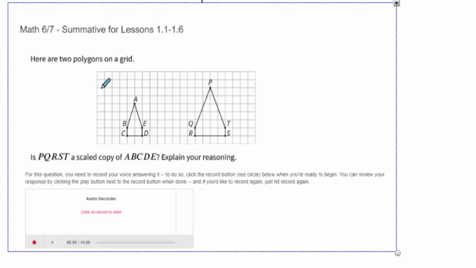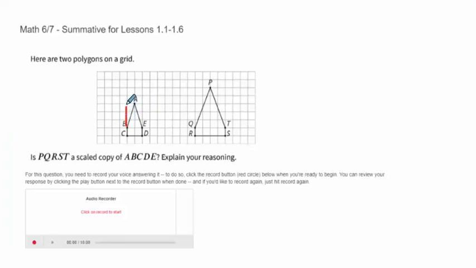All right, there are 2 polygons. I wanted to know if it's a scaled copy. The only thing that you all didn't see, most of you saw, it went up 3, whereas this one goes up 1, 2, 3. So a lot of you were seeing that it looked like a scaled copy here.